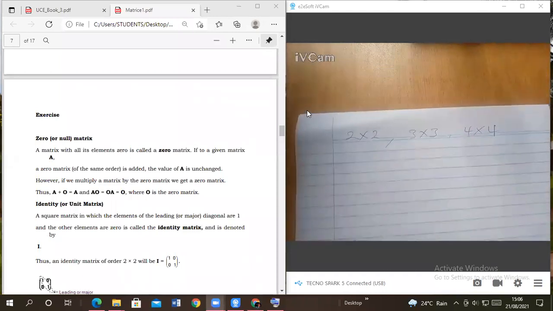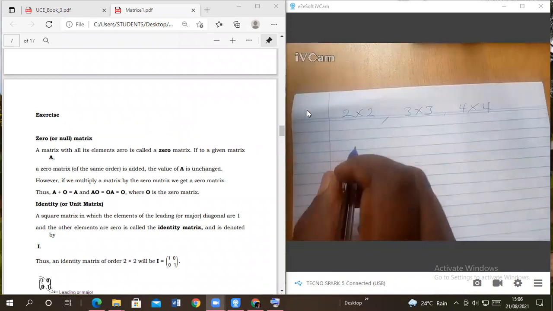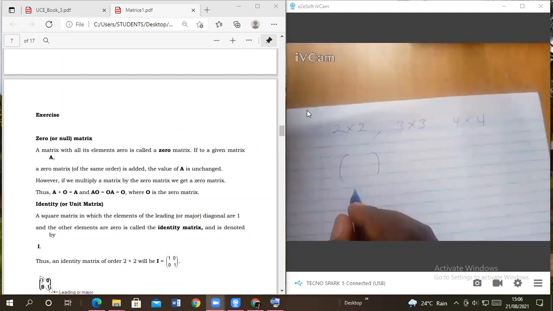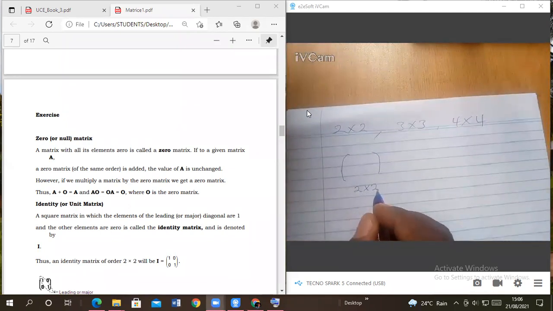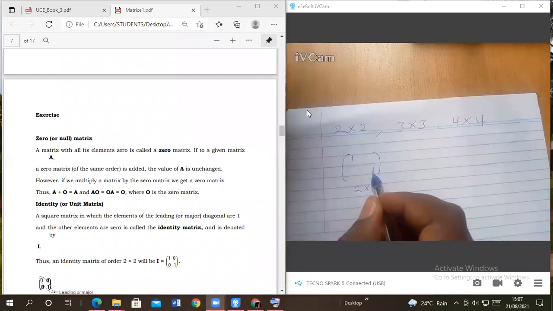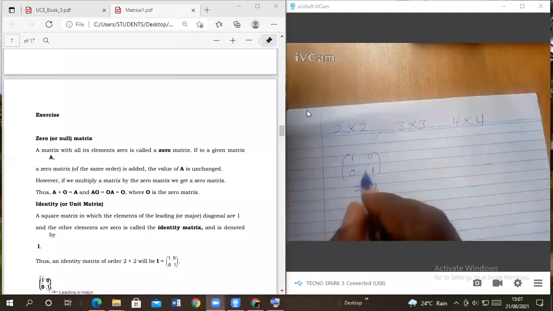And another characteristic of this matrix is that if it is a 2 by 2, then the entries in the major diagonal are ones and the rest of the entries are zeros.